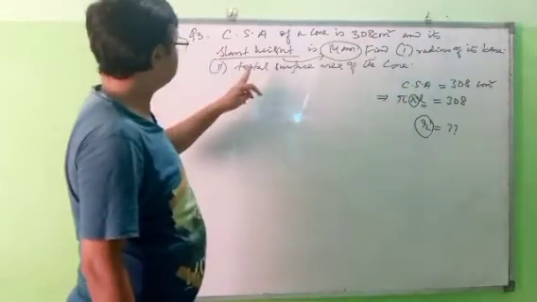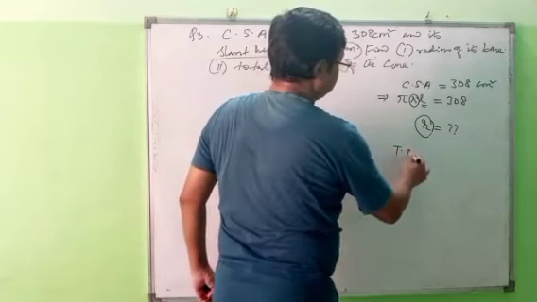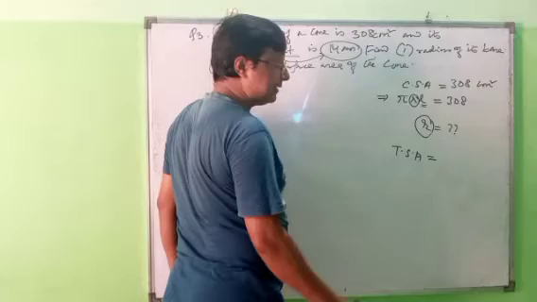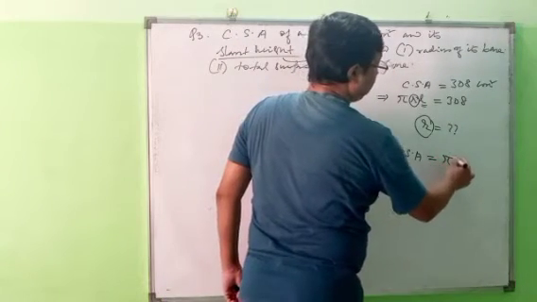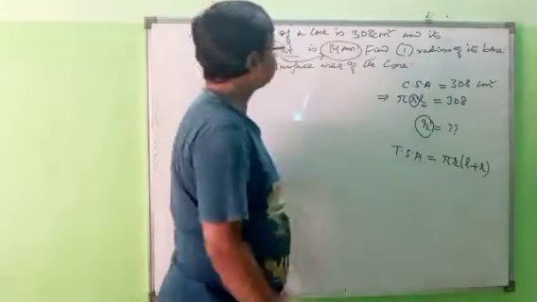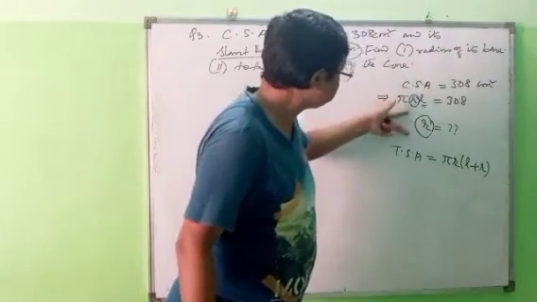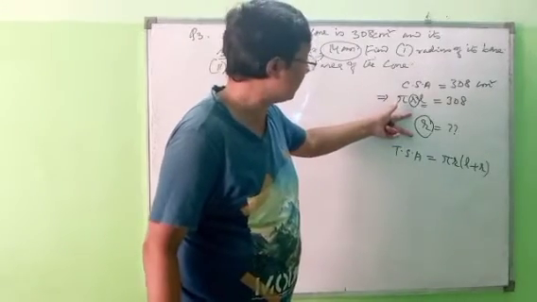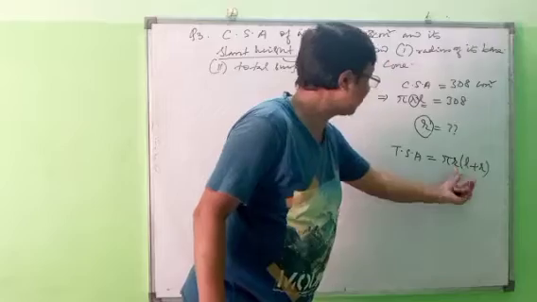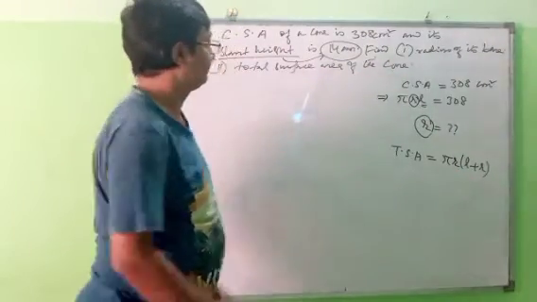Next, the total surface area of the cone is given by pi r into (L plus R). Since they have given the slant height L, and from the first part you have got the radius, you will put it in place of R, and by simplifying you will get the total surface area of the cone.